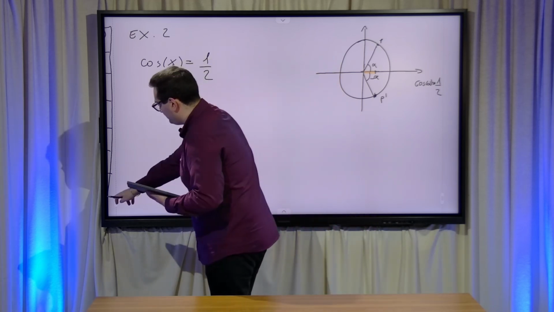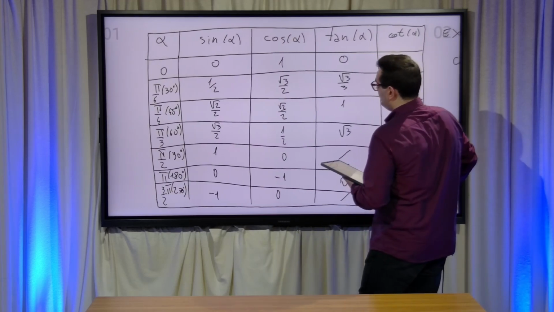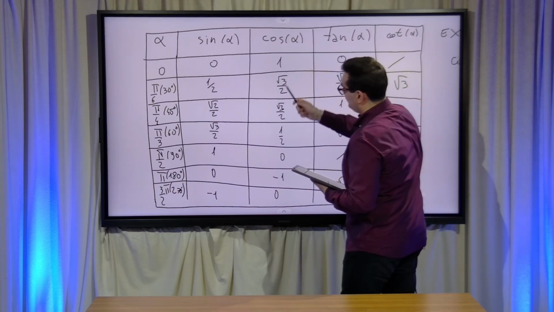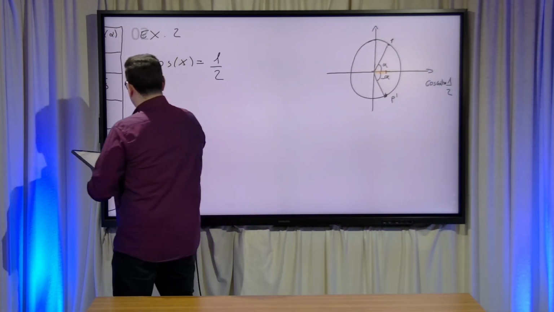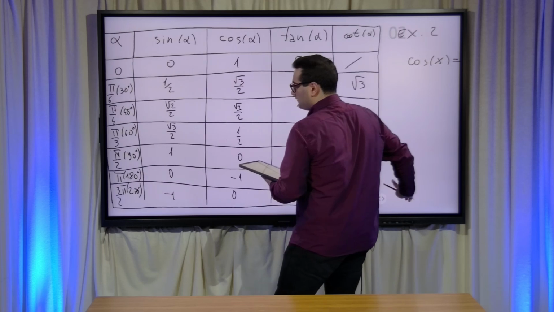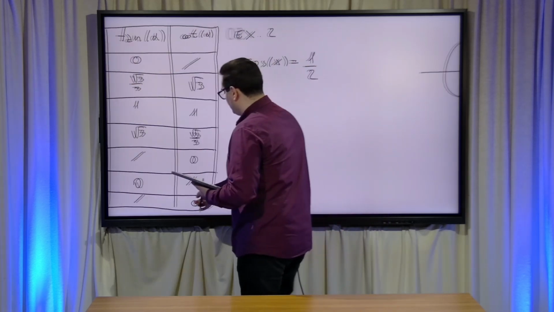So let's go again. Let's look in the table, and the cosine of alpha is equal to 1/2 when the angle is pi/3, 60 degrees.